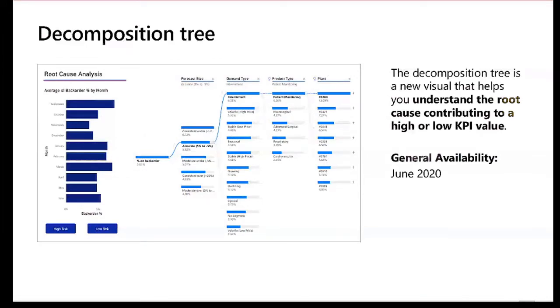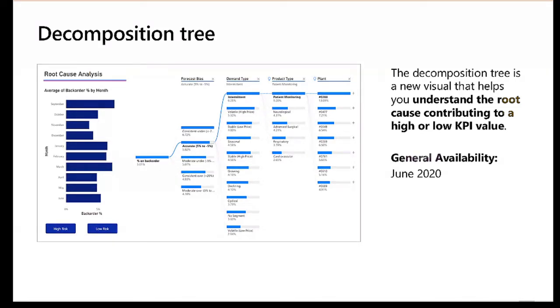Decomposition tree. The decomposition tree is a new visual that helps you understand the root cause contributing to a high or low KPI value. The decomposition tree lets you break down a metric by one or more dimensions to understand what impact individual factors have on a KPI. The Power BI decomposition tree is an AI visualization, which means you have two choices.